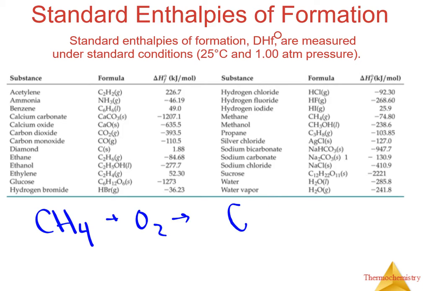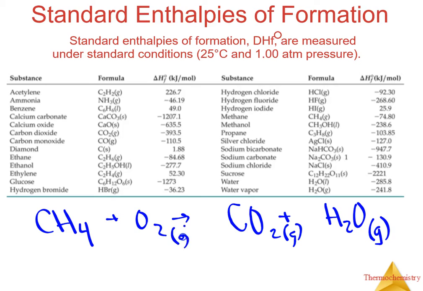You should know this like the back of your hand now. Oh, CO2 and H2O. When this combustion happens, even though it's at room temperature, it gives off enough heat that typically the water is water vapor. So that's a gas. CO2 is always a gas. And methane is a gas.